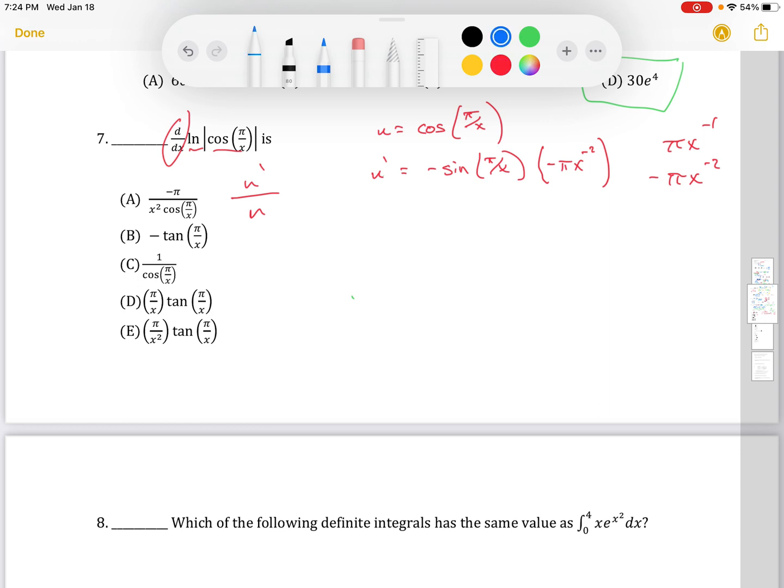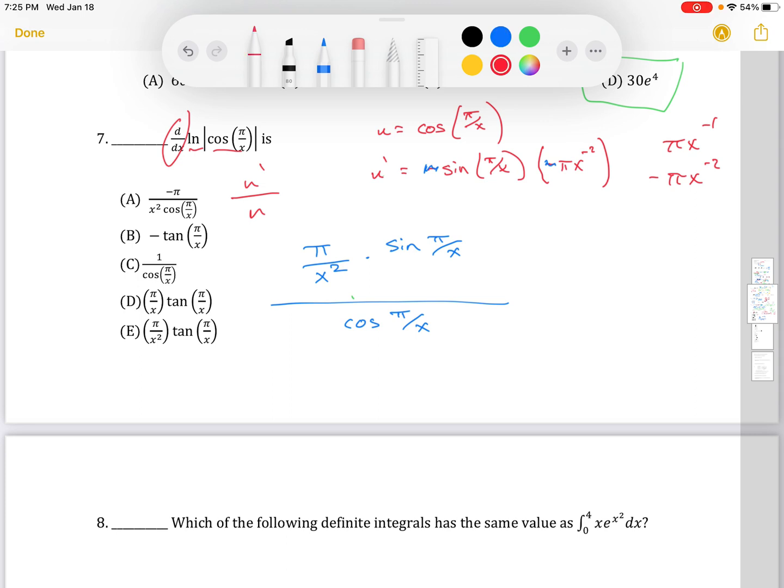And so before I simplify, my u prime over u ends up being, I have two negatives here, these will cancel. I have pi over x squared, and then times sine of pi over x. That is the numerator. The denominator is the cosine pi over x.